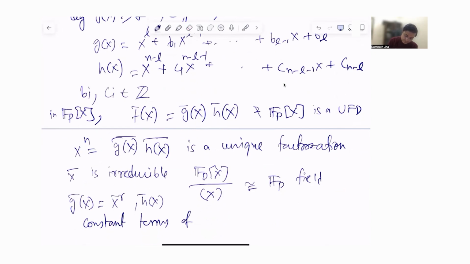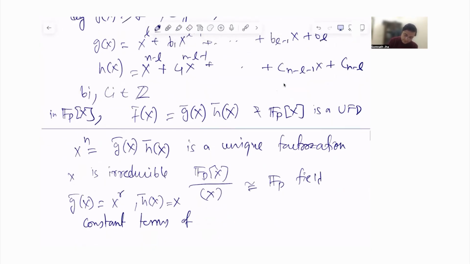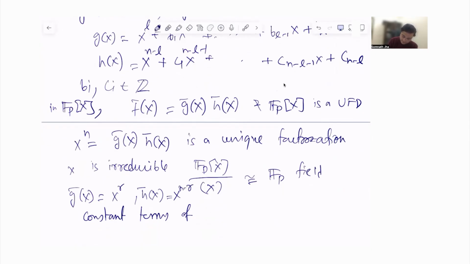So g bar(x) will be equal to x to the power r, and h bar(x) will be equal to x to the power n minus r. That's the only possibility, right? So in fact, it has to be l and n minus l. This is the only possibility.